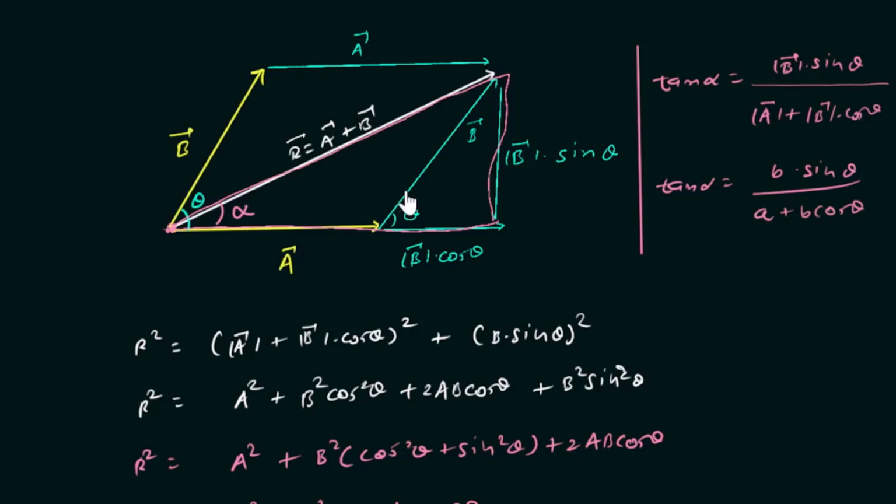So this was all about how to add two vectors A and B using the parallelogram law.